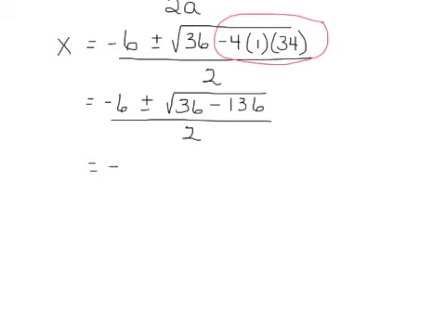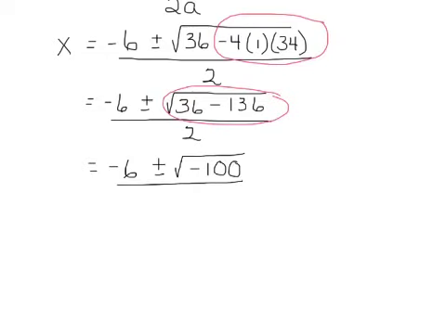So continuing on, we will now take a look at what's under the radical. 36 minus 136 is negative 100, all divided by 2.